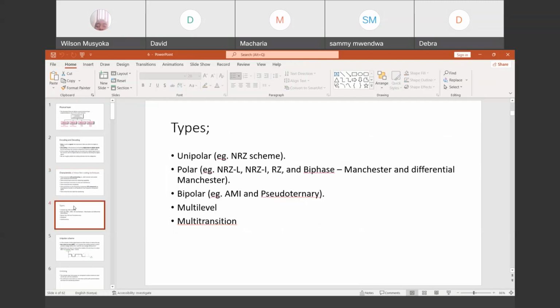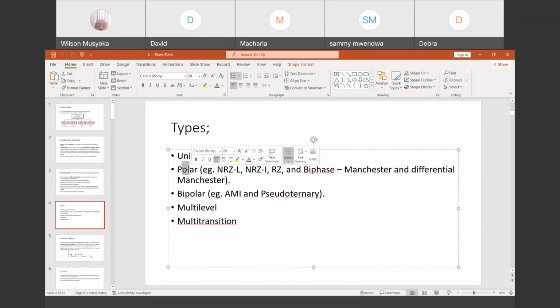So the types we are talking about: we usually have the unipolar scheme, which is represented by the non-return to zero scheme. Then the polar scheme, where we normally talk of non-return to zero with level, non-return to zero inverted, return to zero, biphase Manchester, and differential Manchester encoding schemes.